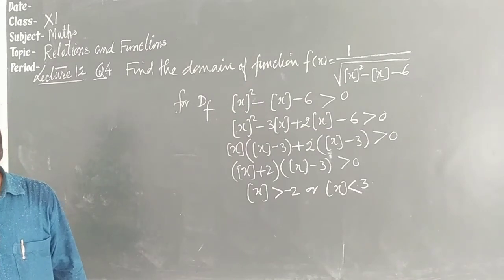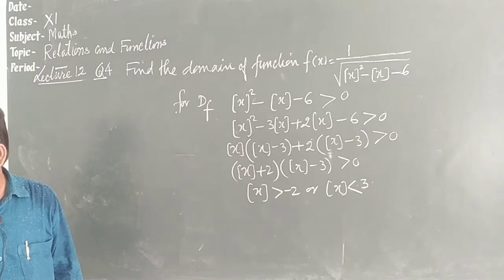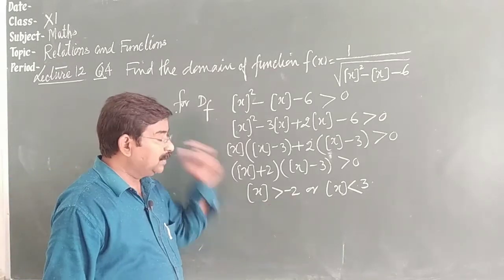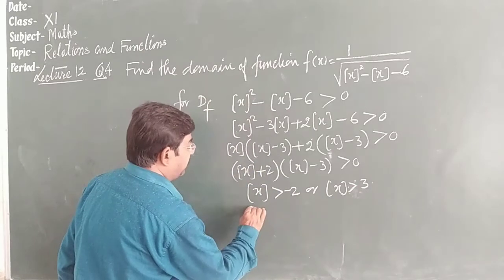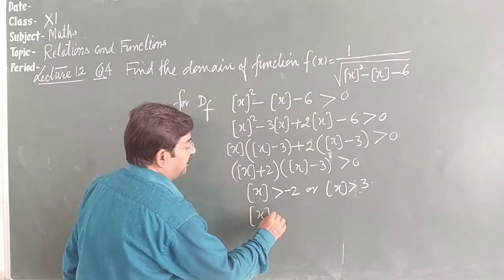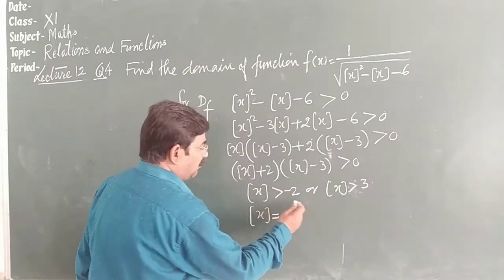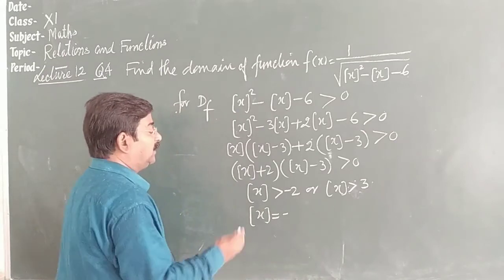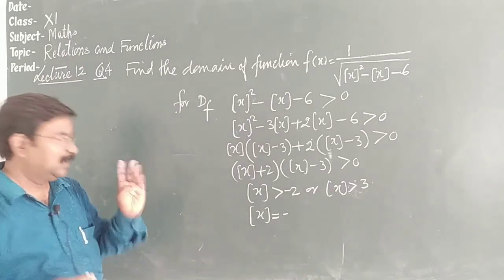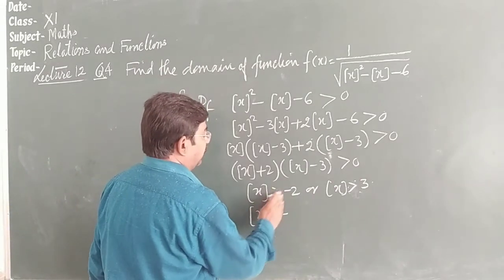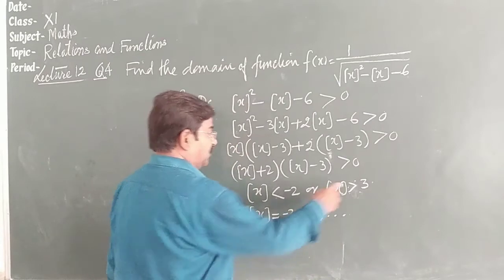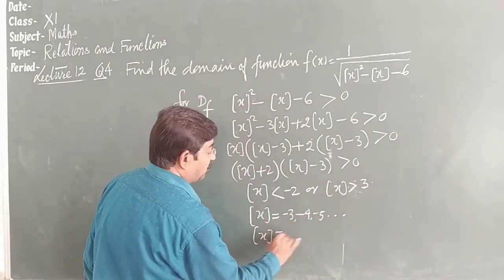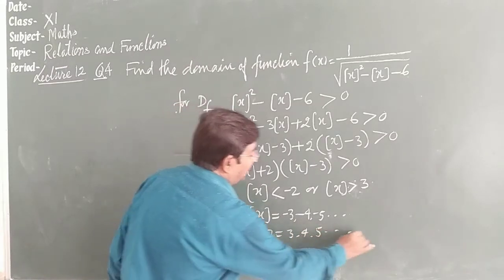Let's see what will be its answer. [x] is less than −2, it is a negative term, so it is less than: −3, −4, −5 and so on. And [x] is more than 3, so we have 4, 5, 6 and so on.